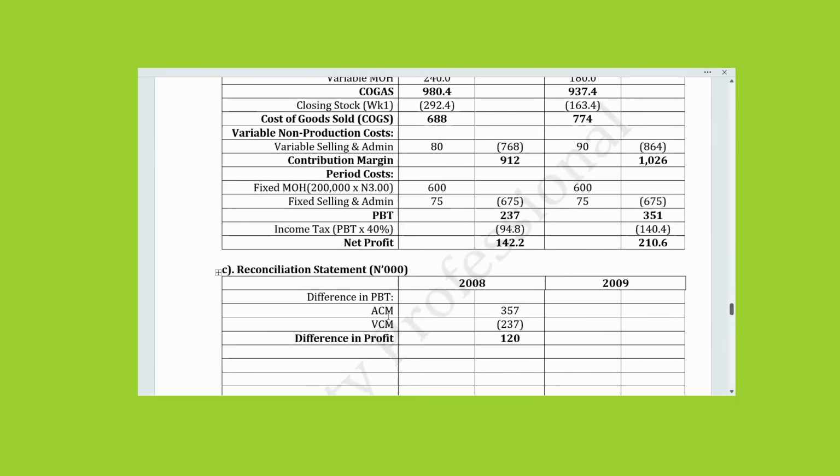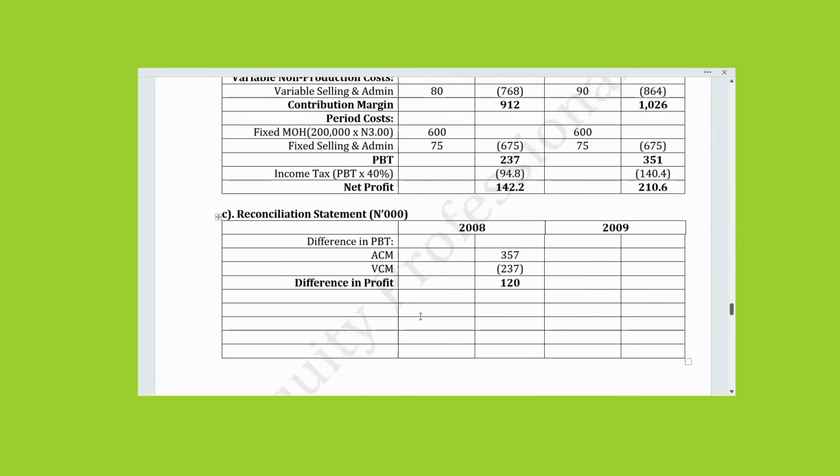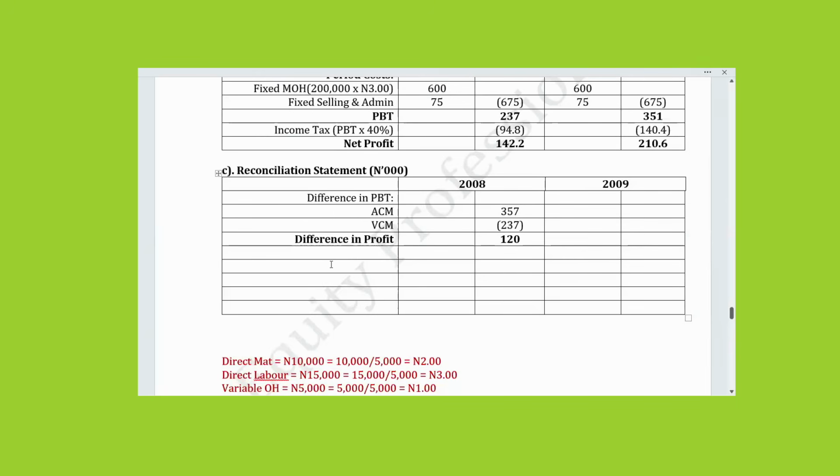We then move on to determine difference in stock valuation. Under the stock valuation, the first item will be closing stock.